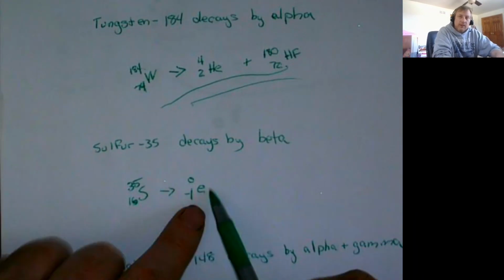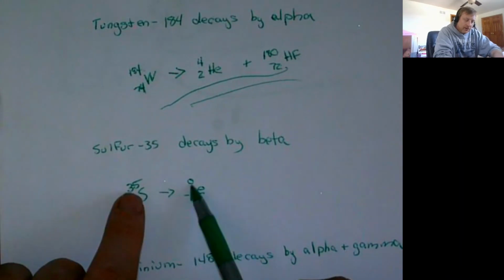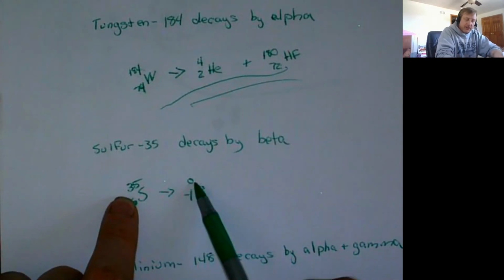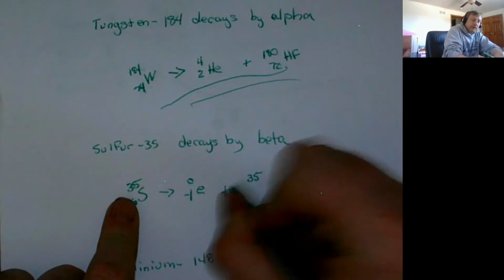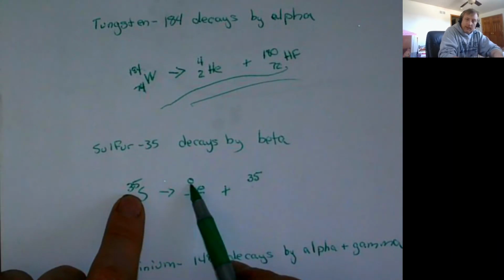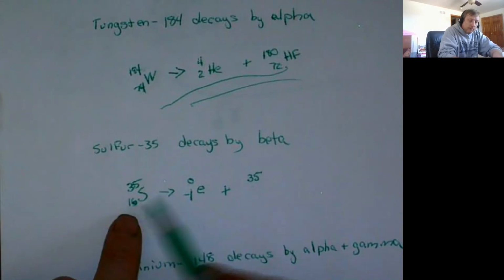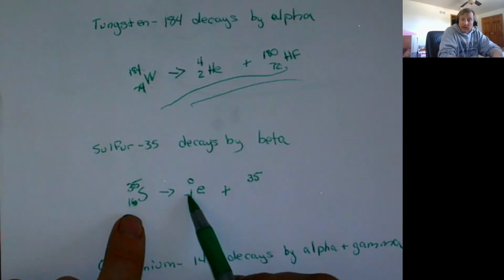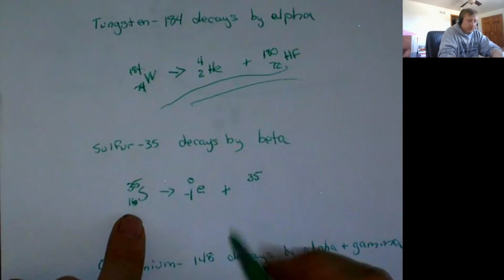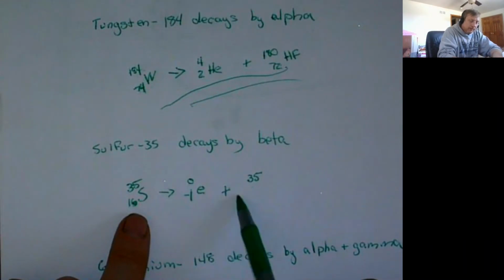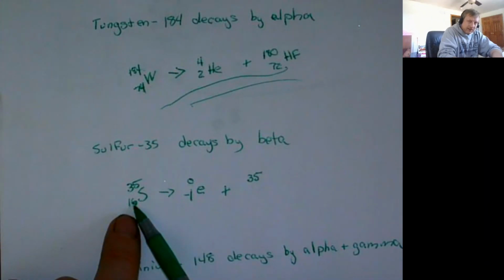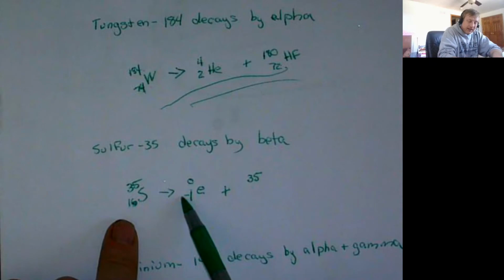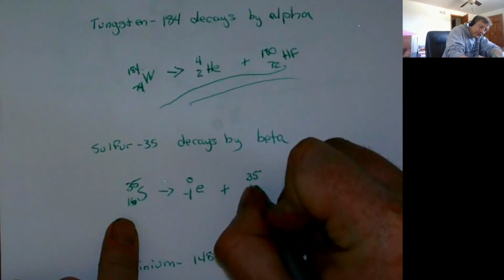Because this beta emission turns a neutron into a proton, the total number of neutrons and protons doesn't change. One less neutron, one more proton, so the sum of those two things stays the same, 35. That's why we have a 0 in the top. But the number of protons increases by 1 because one of these neutrons was converted into a proton. And so to keep our bookkeeping straight so that we can solve all of these the same way, we put a -1 down here by the electron. So 16, to conserve our numbers, 16 equals -1 plus 17.